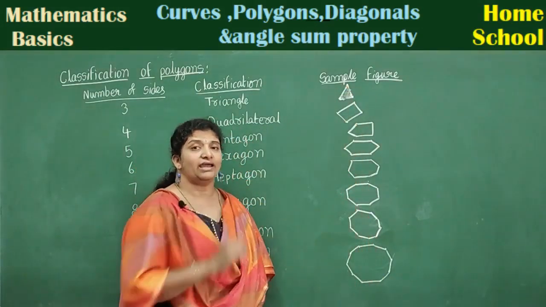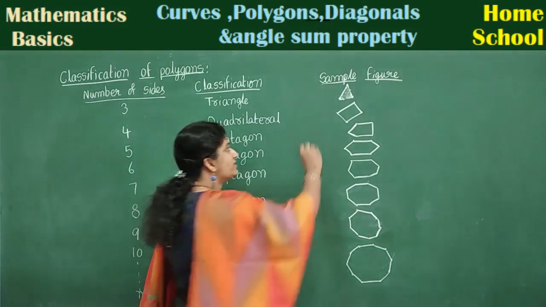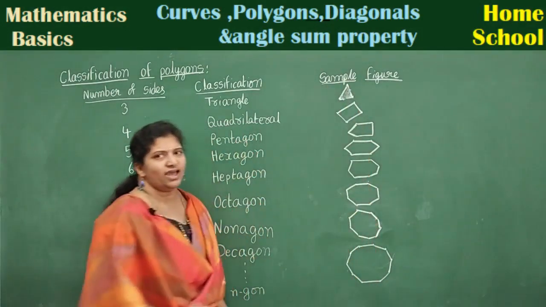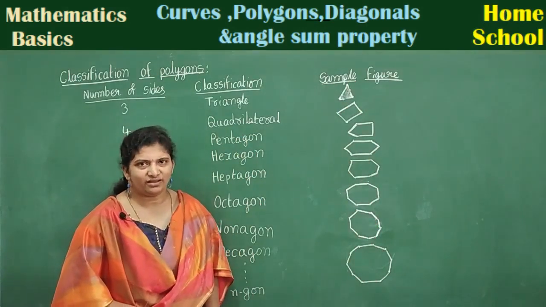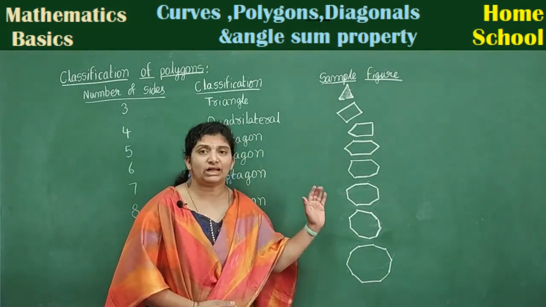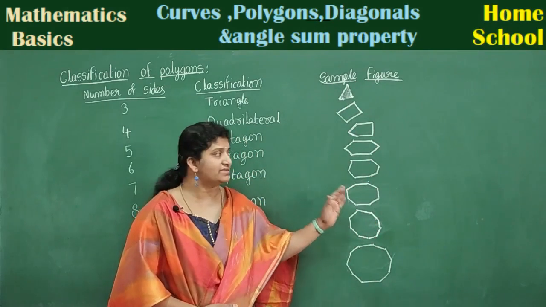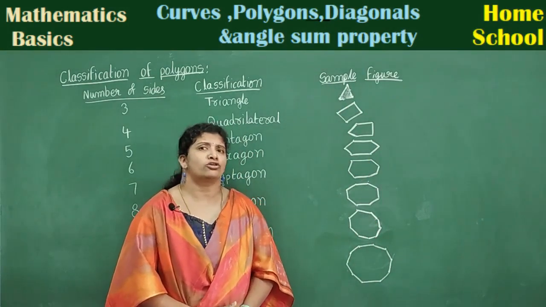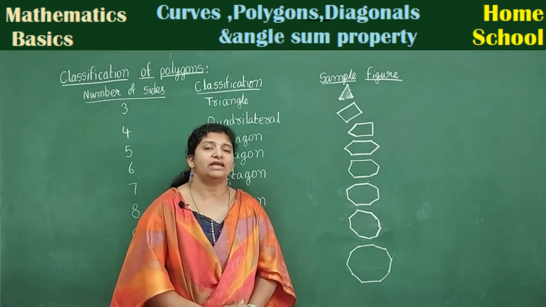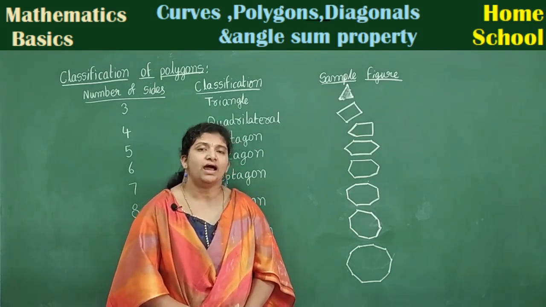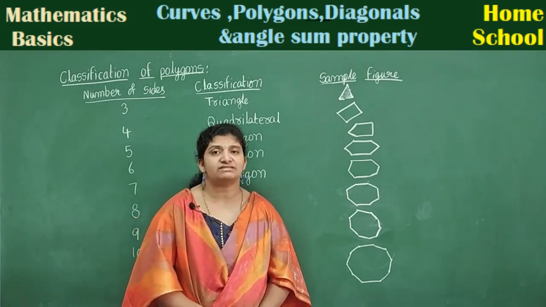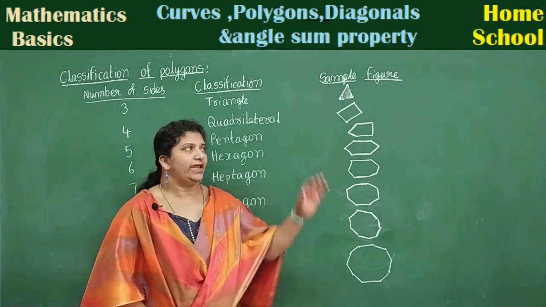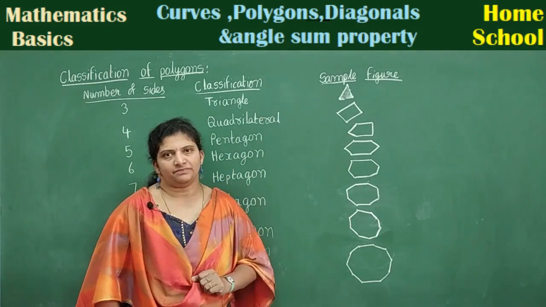Then for that triangle, the exterior is everything other than this triangle, the remaining part is all exterior region, right? These are all closed figures having interior and exterior, and this classification is done according to the number of sides they have. So interior and exterior.